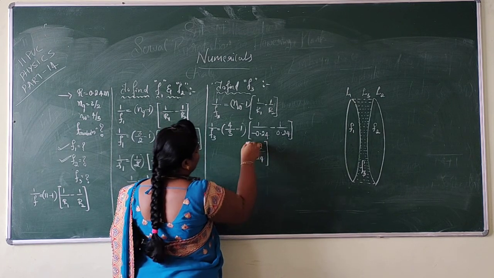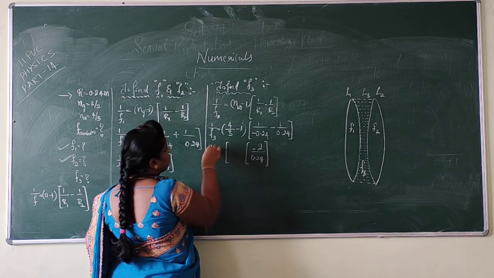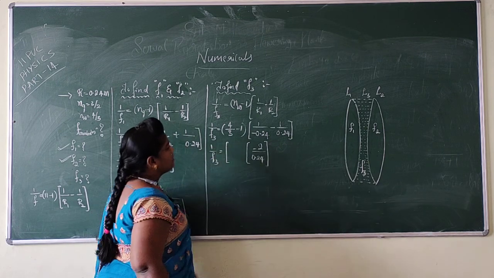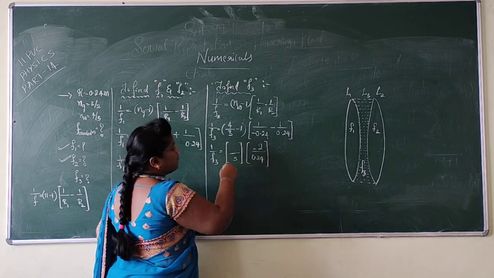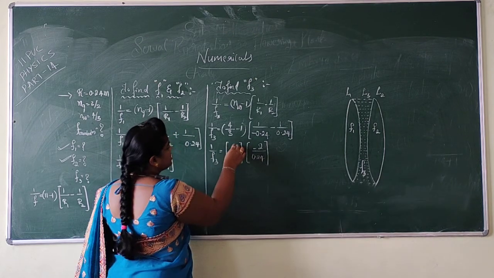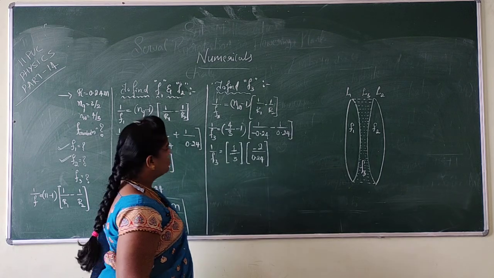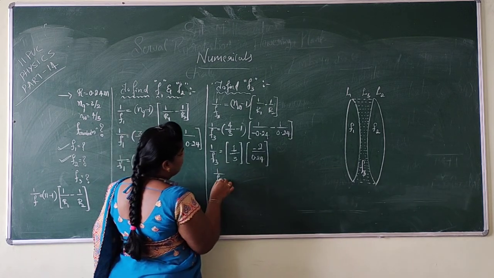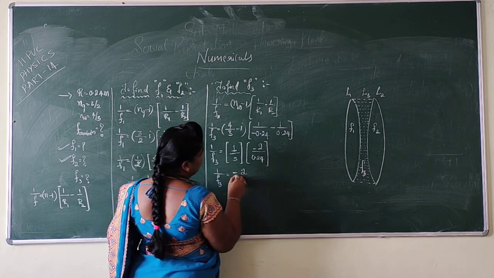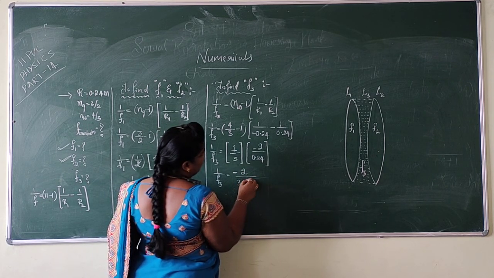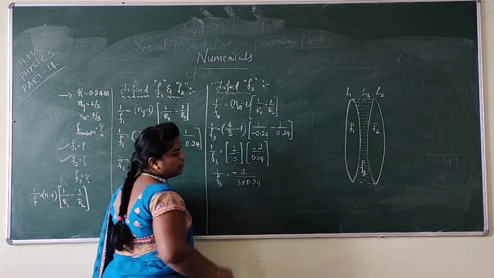0.24 into, ಇಲ್ಲಿ LCM ತಗೋಬೇಕಲ್ವಾ, LCM ತಗೊಂಡ್ರೆ ಏನಾಗುತ್ತೆ, 3 is the LCM and numerator ಅಲ್ಲಿ 4 minus 3 ಇರುತ್ತೆ, 4 minus 3 is 1. Now 1 by F3 is equal to minus 2 divided by 3 into 0.24.